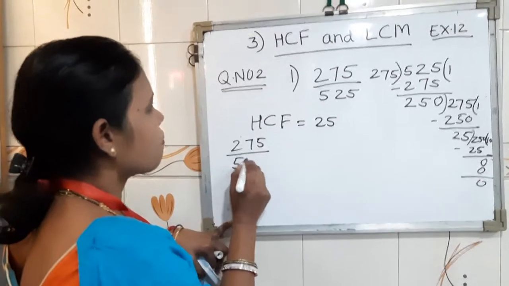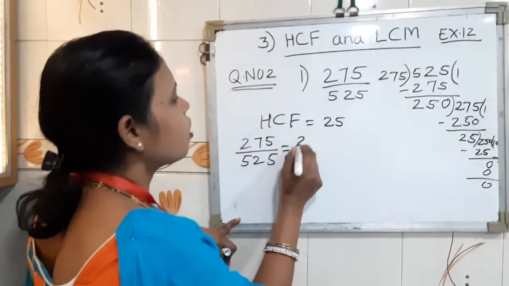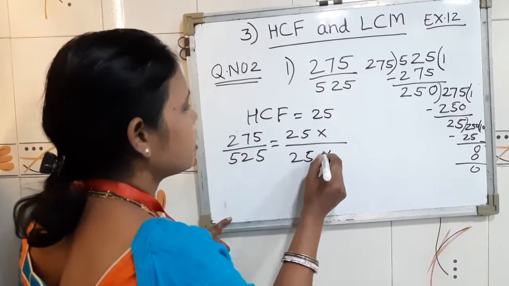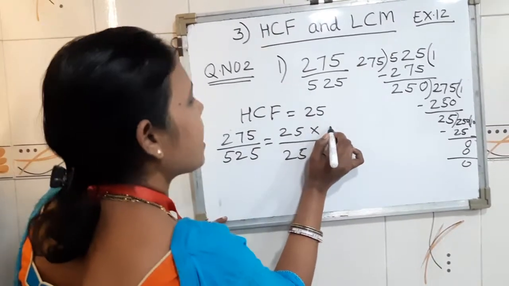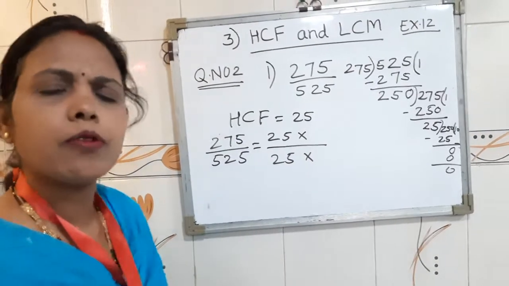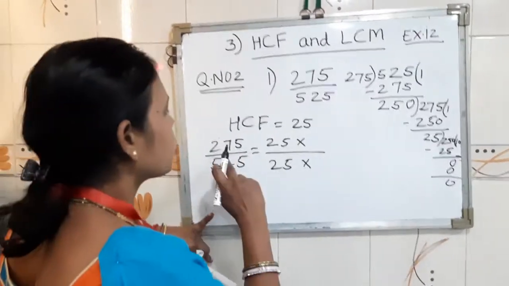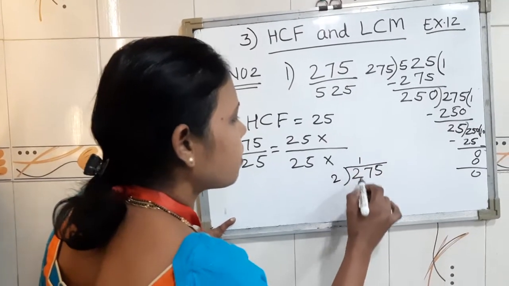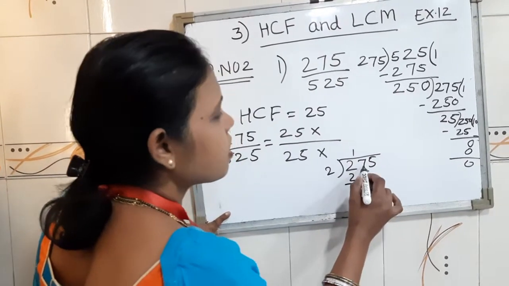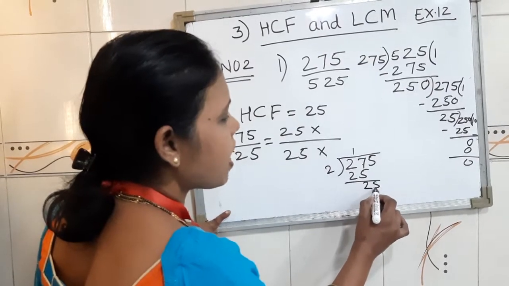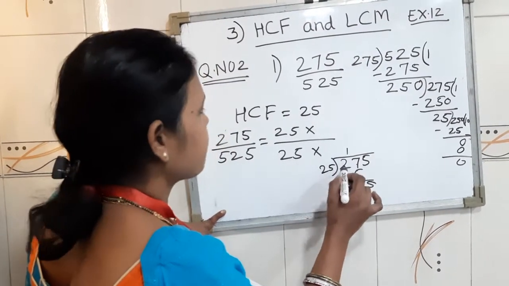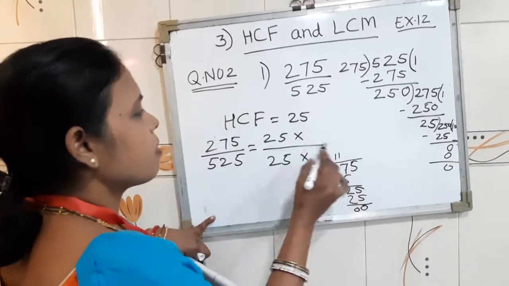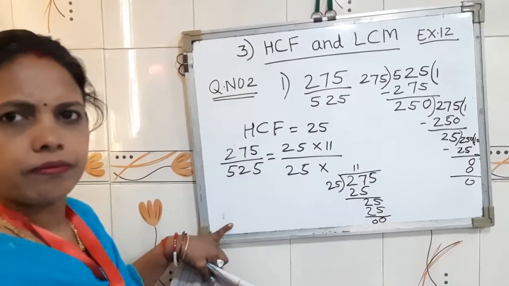Therefore, what will we write? 275 upon 525 equals 25 into, and 25 into 25, 9 times. How many times will you multiply? For this one, you can solve it this way also. 25 times 1 is 25, 7 minus 5 is 2 and 5. 25 times 1 is 25. 0 0, means you got 11.